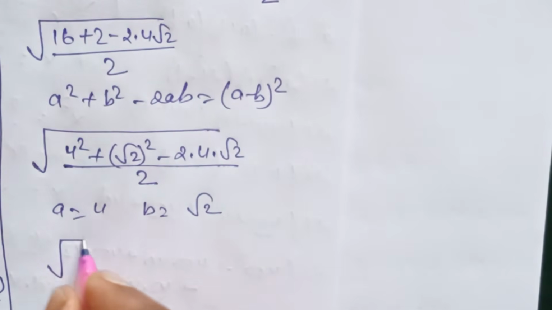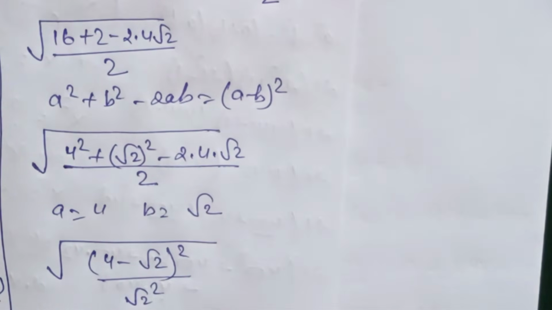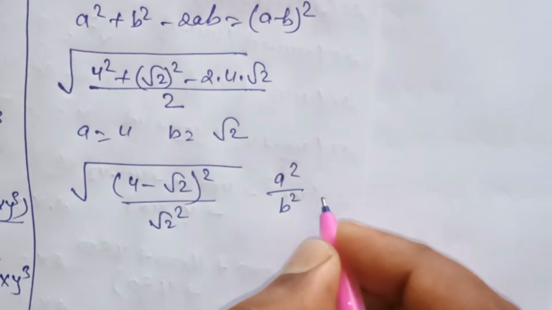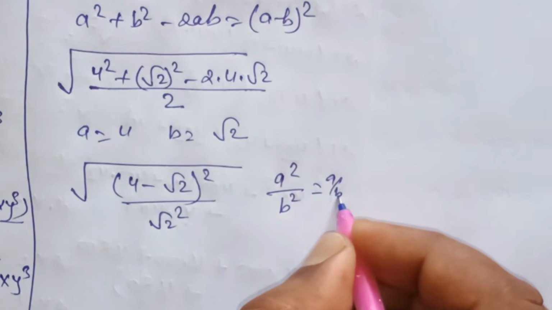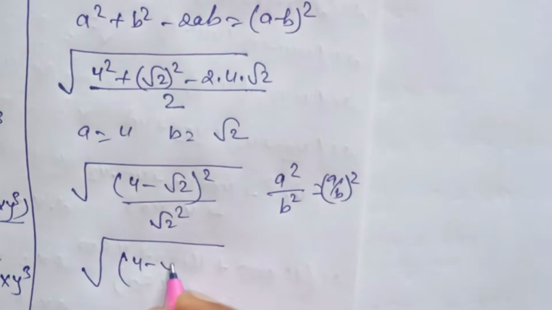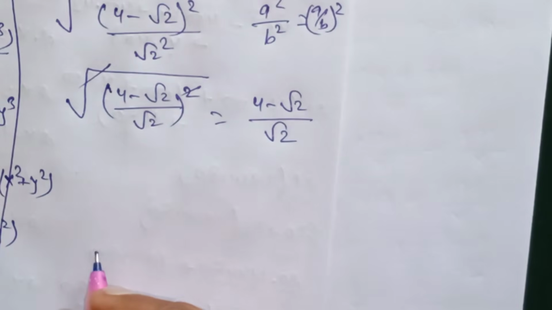So here root under, bracket open, 4 minus root 2, whole square divided by root 2 whole square. Here a square divided by b square will be written as a divided by b whole square. So root under, bracket open, 4 minus root 2 divided by root 2, whole square. Root and square cancel, leaving 4 minus root 2 divided by root 2.